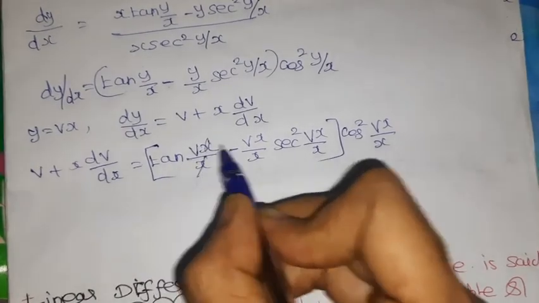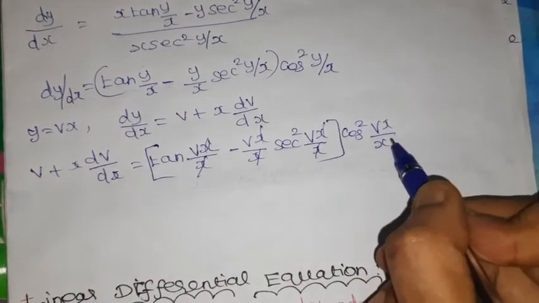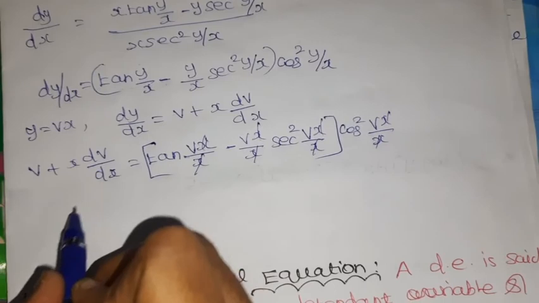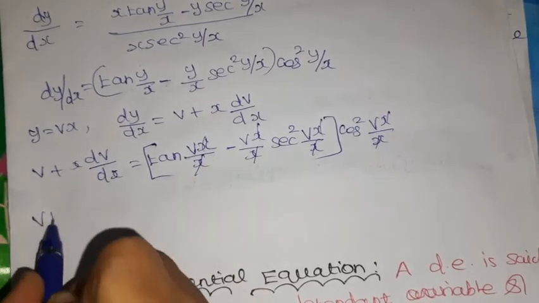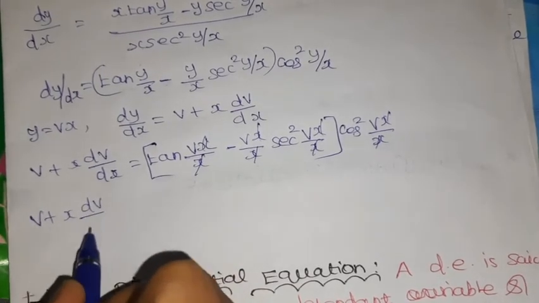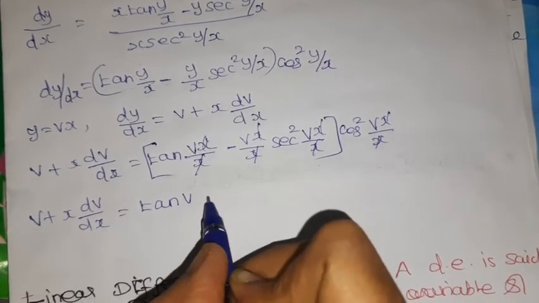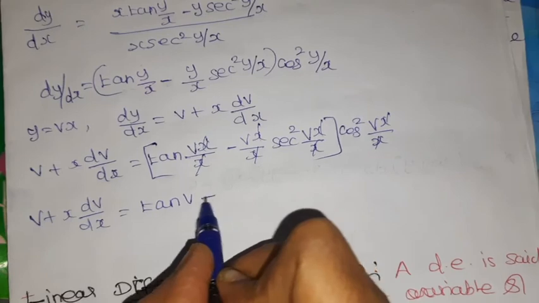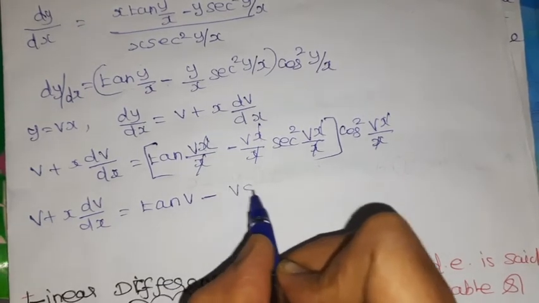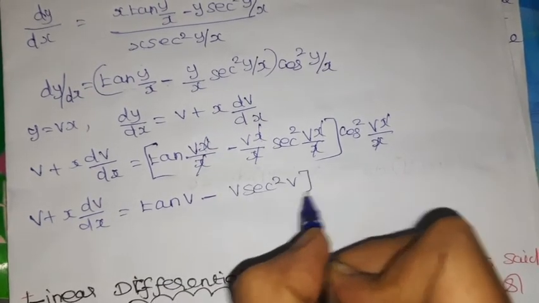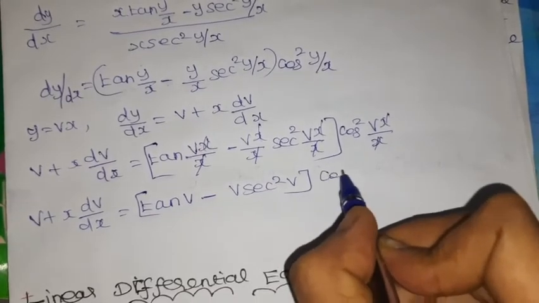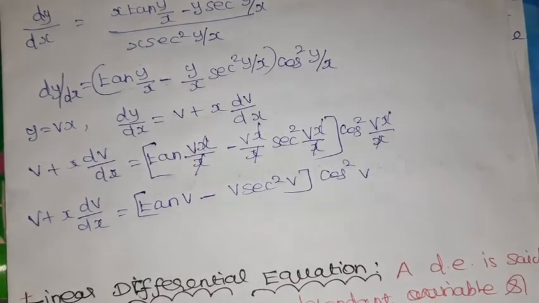By cancelling all the x terms, what will we get? v plus x dv by dx is equal to tan v minus v secant squared v into cos squared v, right?